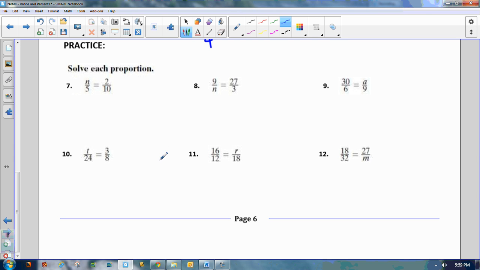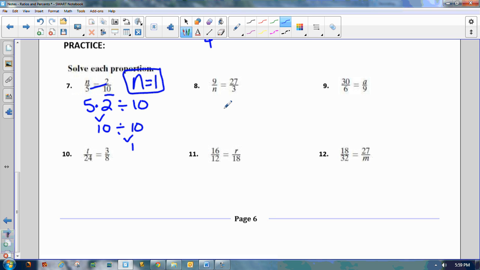Let's try that down here in the practice examples. Remember, we're going to cross multiply the values that we know. So if I look here, I can't take 10 times n because I don't know what n is yet. But I can take 5 times 2. So I'm going to cross multiply those, 5 times 2, and divide by what's opposite the variable. Well, 5 times 2 is 10. Divided by 10 gives us 1. So our variable n equals 1. And then this is what I'm going to box as my final answer.